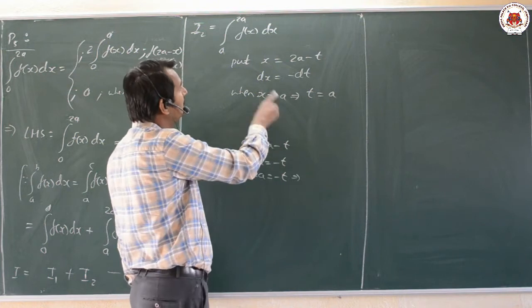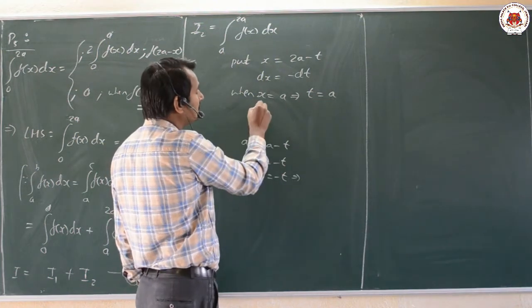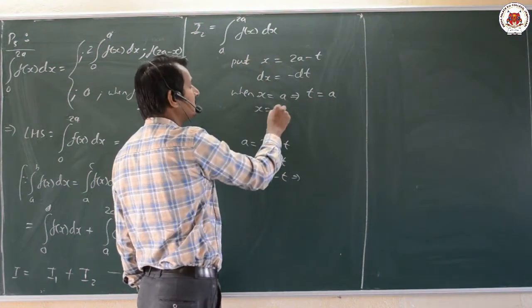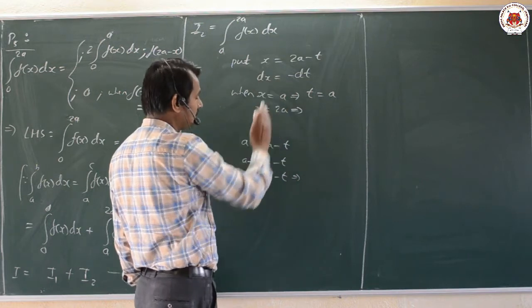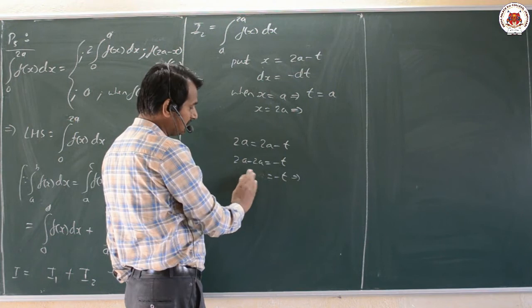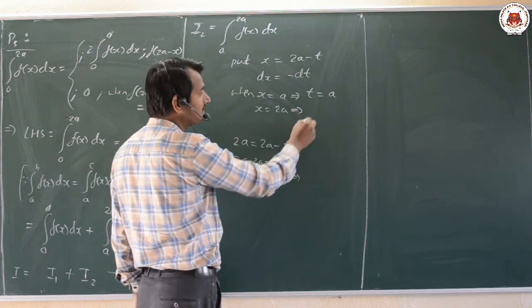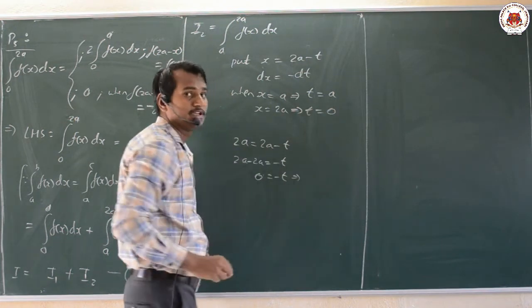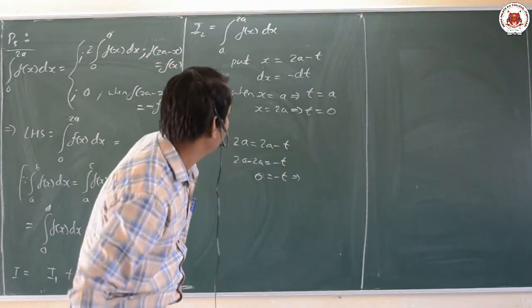If x equals a, the lower limit, t equals a. If x equals the upper limit 2a, then 2a equals 2a minus t, 2a minus 2a cancels, we get 0, which implies t equals 0 here.